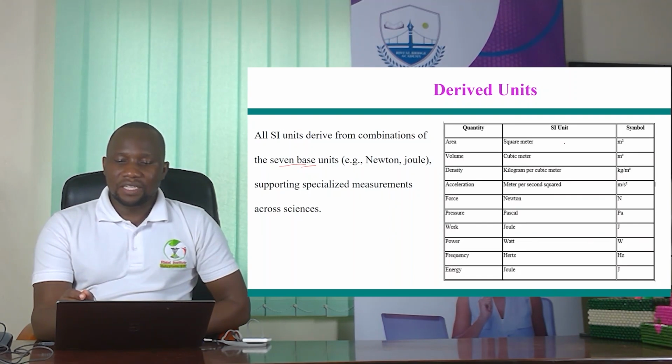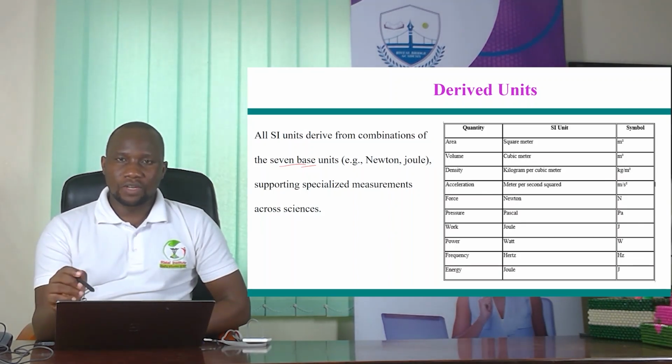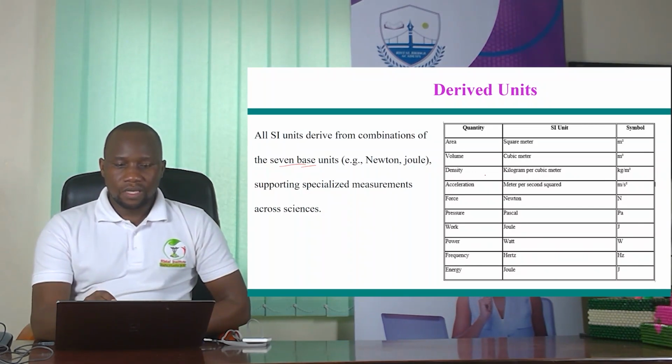So we have area. Area is basically length times width. You know this, right? Then they have the volume, which is length times height times width. Volume. If it is a cube, it is length cubed, right? L cubed. Density, it is mass divided by volume.